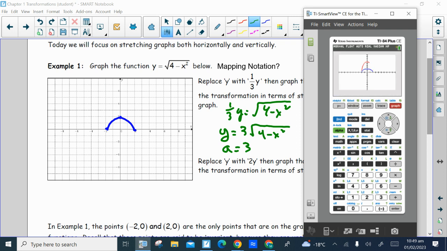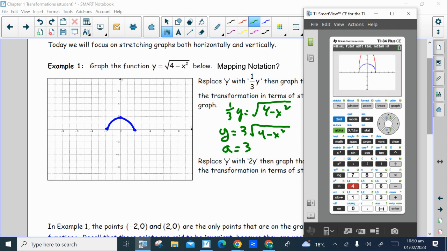So now when we hit graph, in this normal graphing mode, it appears that maybe the new graph doesn't hit the x-axis, but it actually does. If I change my graphing mode by going zoom, and normally go zoom 6 for standard, that changes the window from -10 to +10. Instead, I'm going to choose choice 4 here, zoom decimal.